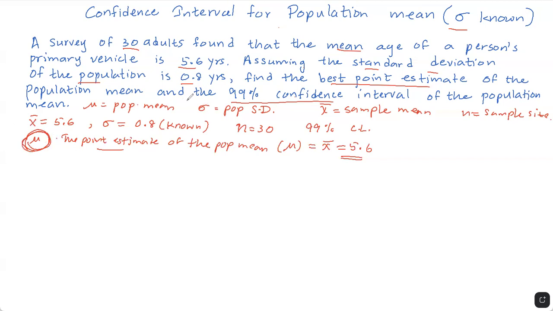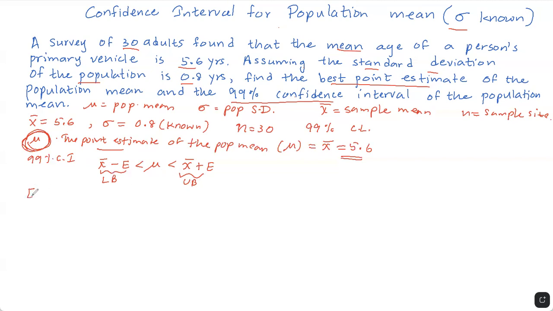Okay, so then let's calculate the 99% confidence interval. So the 99% confidence interval is like this, right? X bar, the point estimate, minus margin of error, less than mu, the population mean, less than x bar plus margin of error. So this is your lower bound of the interval. This is your upper bound of the interval. So we are going to calculate these two values.